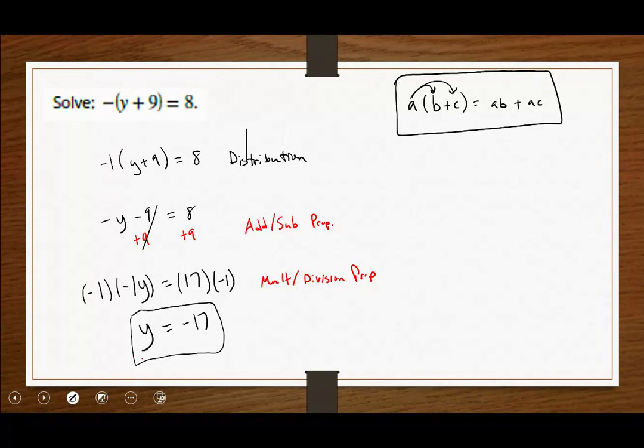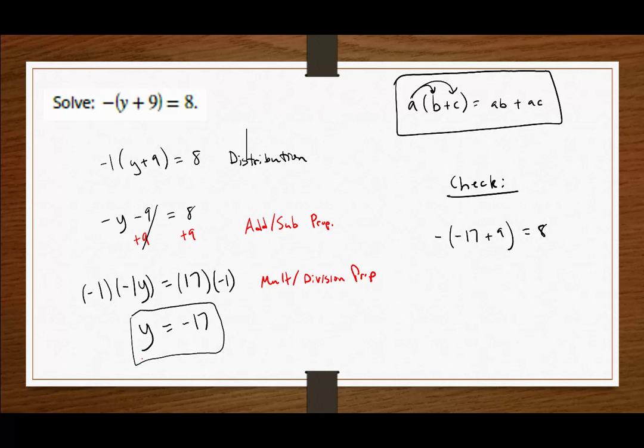All right, the last thing that was mentioned is that we should be able to go back and check that the solution we think we have is actually correct. How do we check in this case? We'll take what we think our solution is, y equals -17, and plug it back into the original equation. So if I replace y with -17, then -17 plus 9 should be equal to 8.